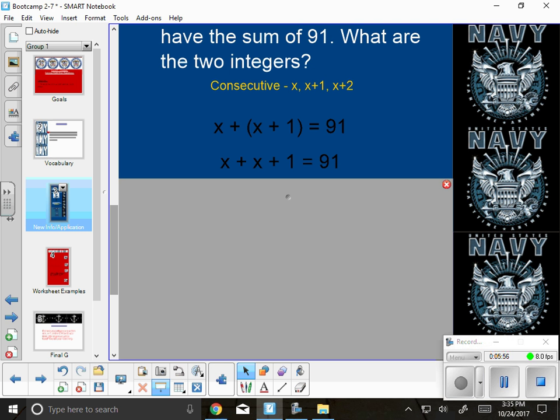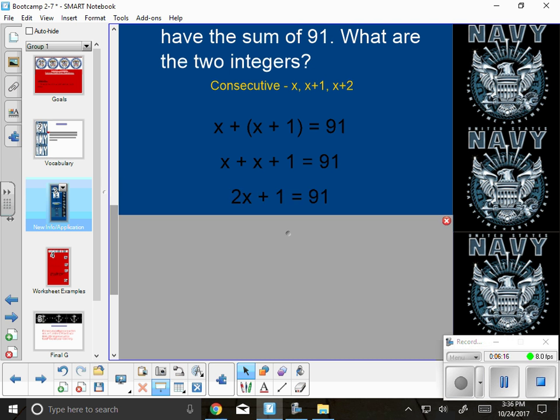The reason why I added the parentheses in there is just so that you can see that the x is adding the x plus 1, so you're not getting confused in any way. If we do take out the parentheses, we'd have x plus x plus 1 equals 91.